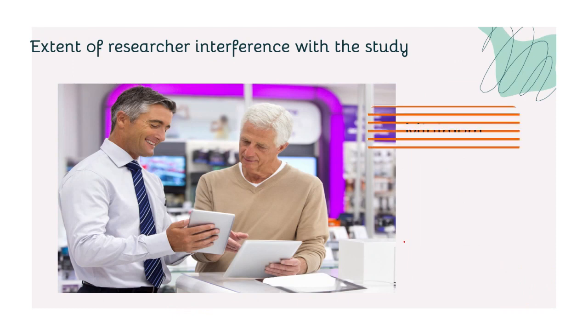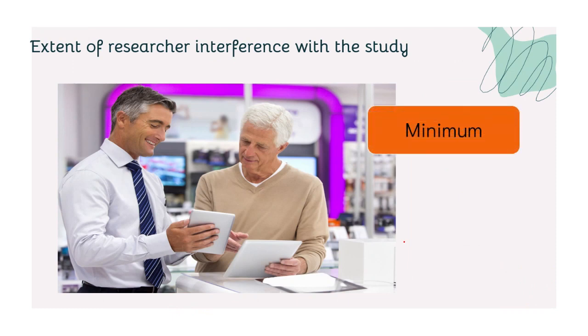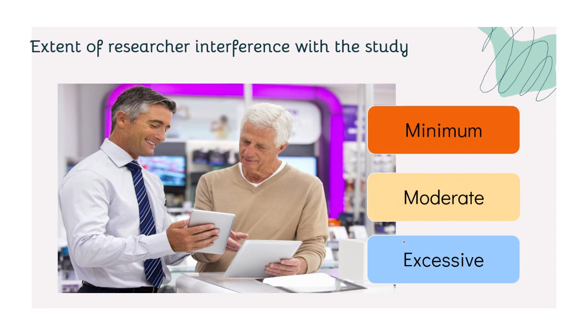Now, how much do you interfere with your respondent? That means how much are you going to be dealing with your respondent? That is really important because it is going to reflect your research ethics as well.